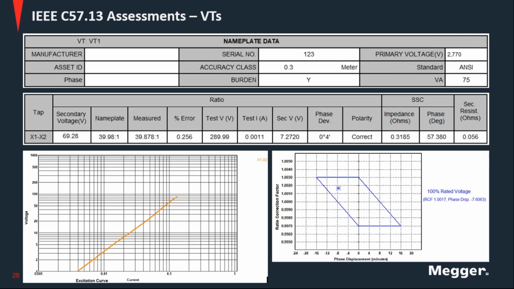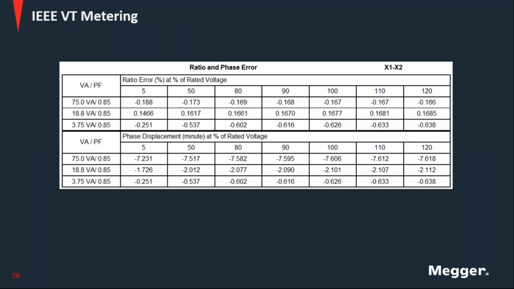And then this information from the excitation test, from the parallelogram, and from the short circuit impedance is also used to run the evaluation across different ratios, different loading conditions and different burden conditions.